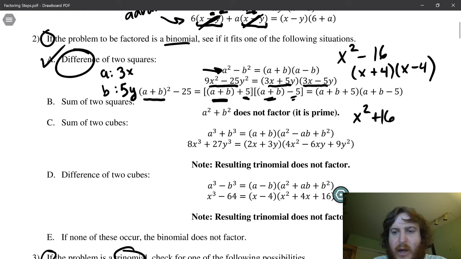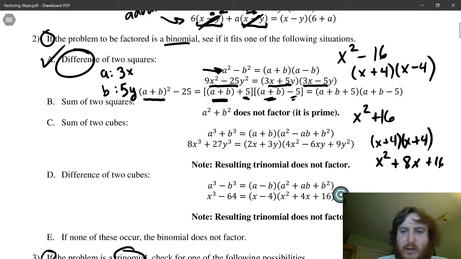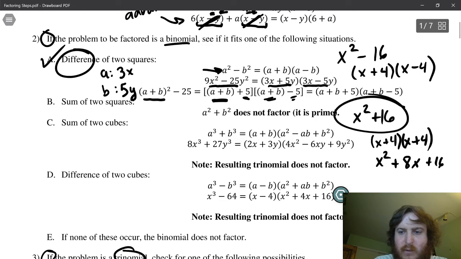The reason for that is if we do x plus 4 and x plus 4, and we FOIL that out, we actually get x squared plus 8x plus 16. There's this extra 8x. So basically x squared plus 16 is the answer. It can't factor anymore. So there really is no factoring for a sum of squares.